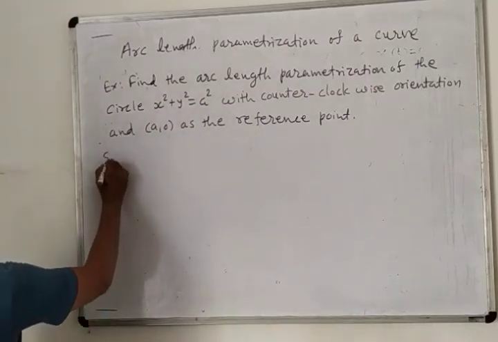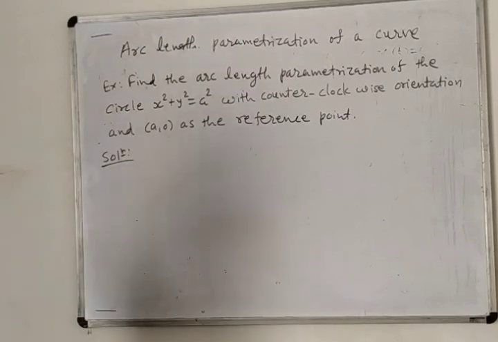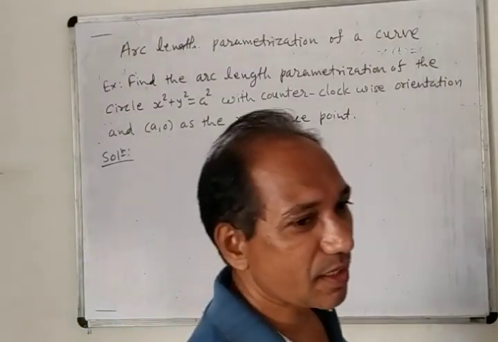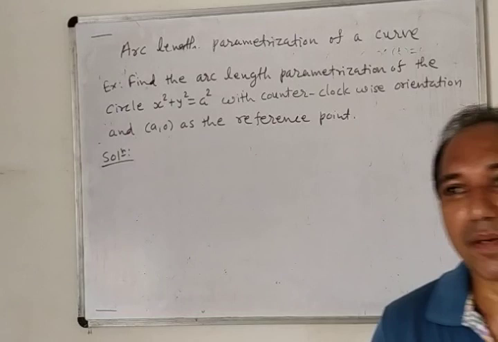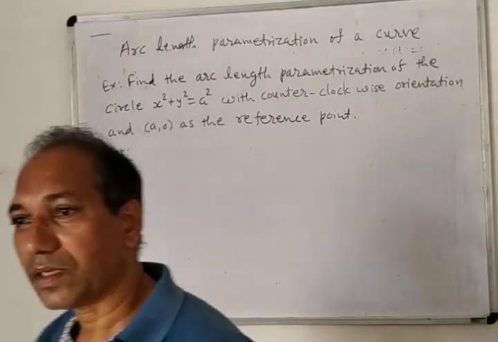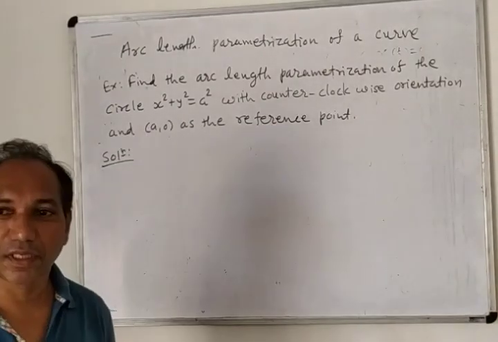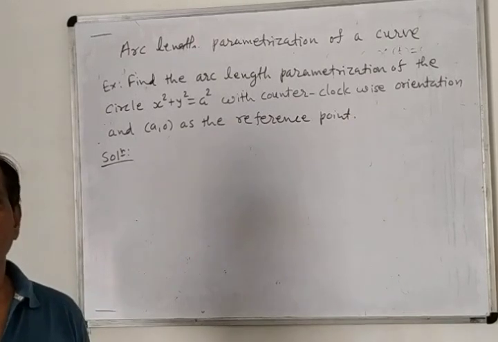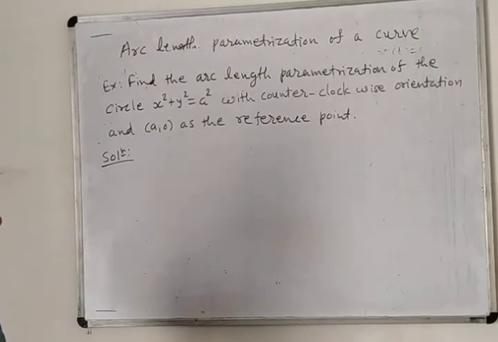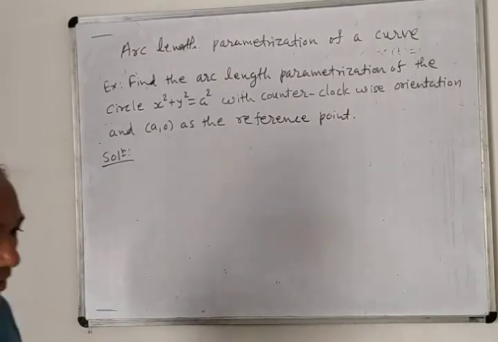So we want to find the arc length parameterization, but the formula to find arc length we know in terms of r bar t. That means we can find r bar dash t, or if r bar t is given in terms of x(t)i plus y(t)j plus z(t)k, then we can find those derivatives.